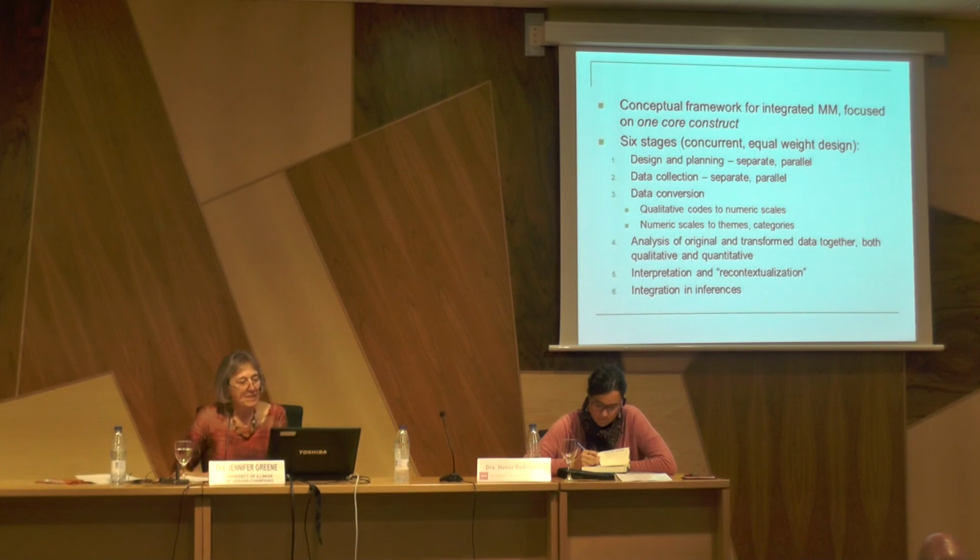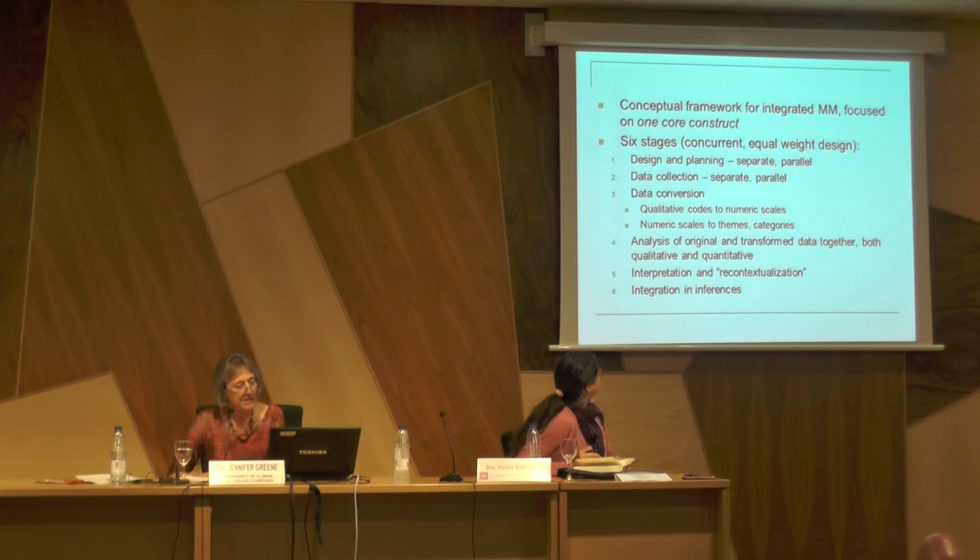Then this third step is the data conversion step, converting qualitative codes to numeric scales to themes and categories, taking one form and converting it to the other. Stage number 4 is the analysis of the original and transformed data together.